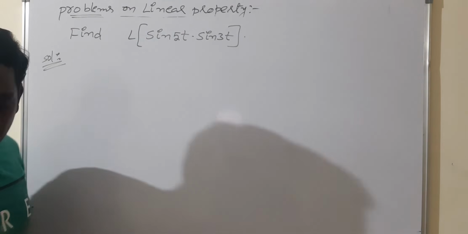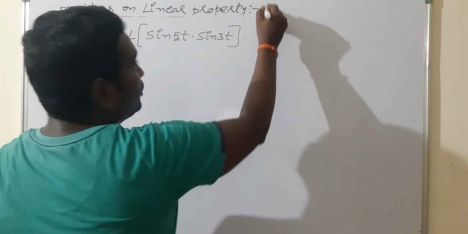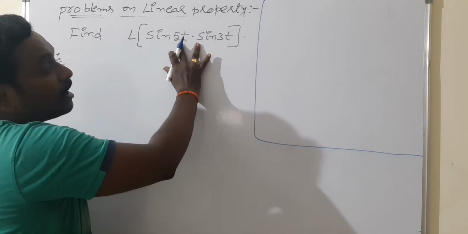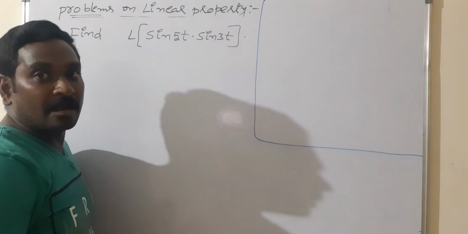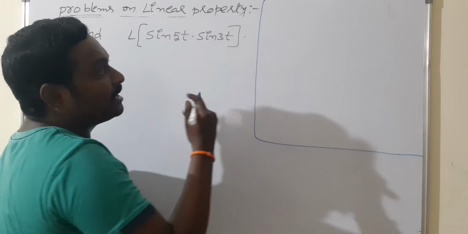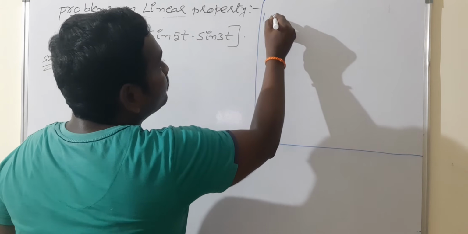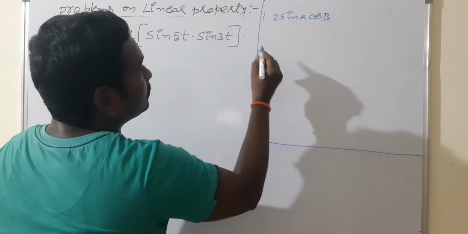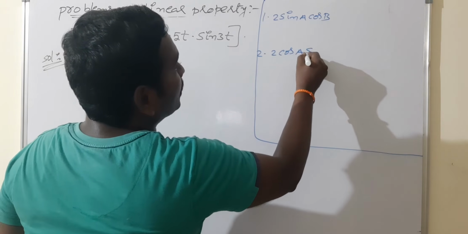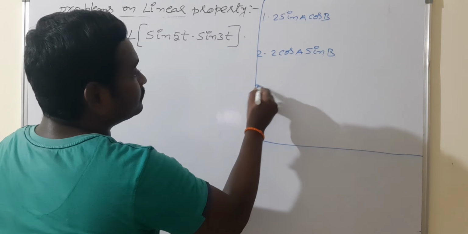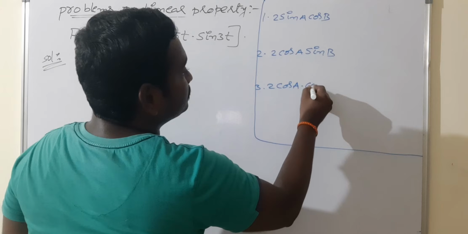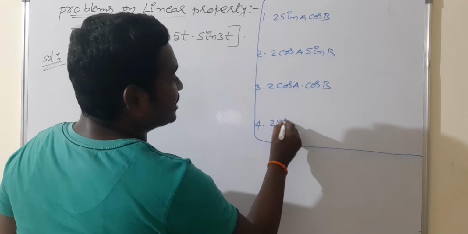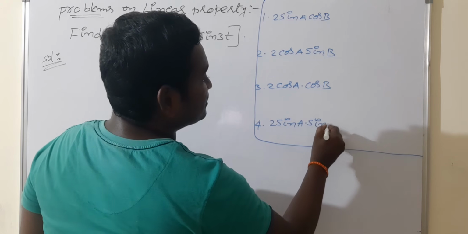So here we can use the trigonometric transformation formula. Whenever two trigonometric terms are in product, we can apply the trigonometric transformation formula. There are 4 trigonometric transformation formulas, which are 2 sin A cos B form, next 2 cos A sin B form, 2 cos A cos B form, and finally 2 sin A sin B form.